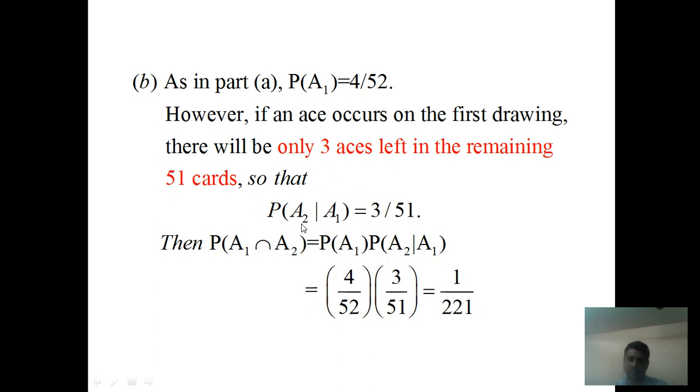If the first card is an ace, the possibilities reduce from 4 to 3, and one card is removed, so 52 becomes 51. By using this fact, the probability of A1 intersection A2 is the probability of A1 times the probability of A2 given A1. The probability of A1 is 4 divided by 52, and the probability of A2 given A1 is 3 divided by 51. After simplification, we get the probability of A1 intersection A2 is 1 upon 221.